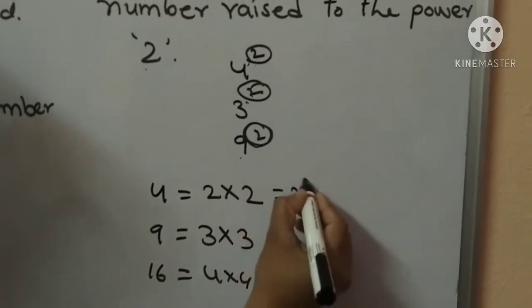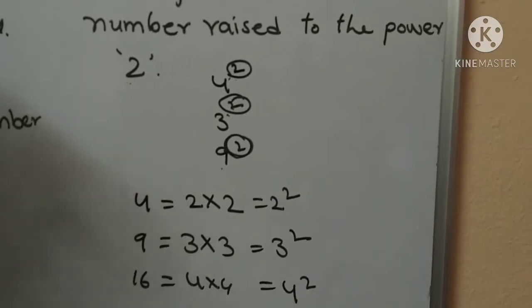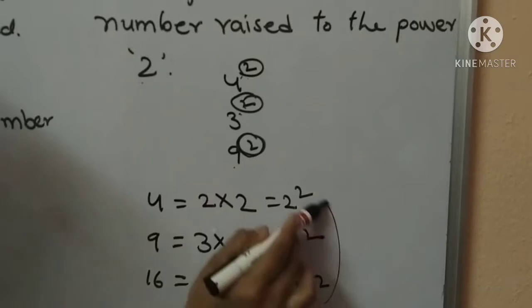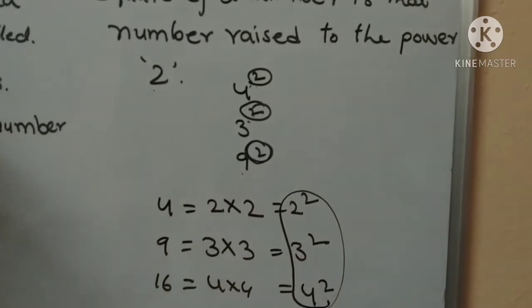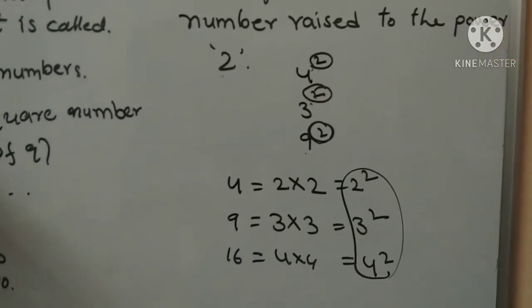It means the power is 2: 2 square, 3 square and 4 square. These are all power 2. Square number means any number with power 2. Did you understand, children?